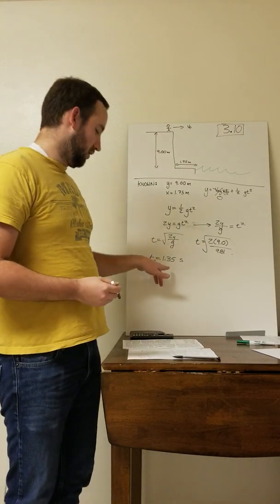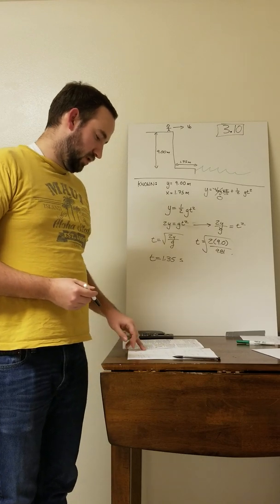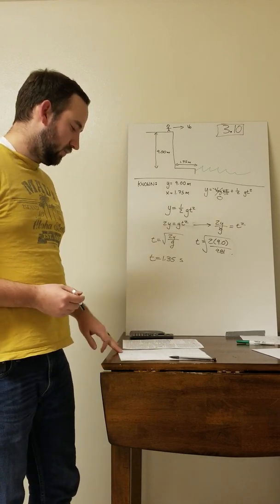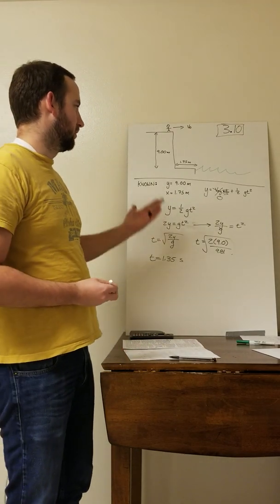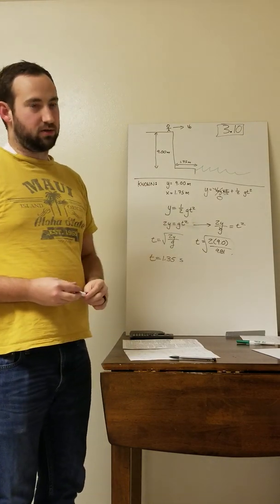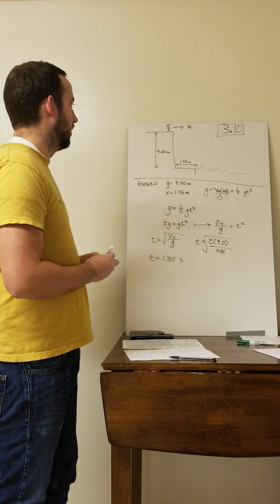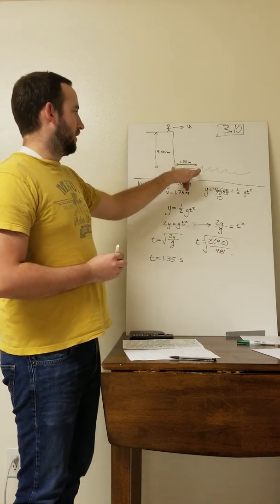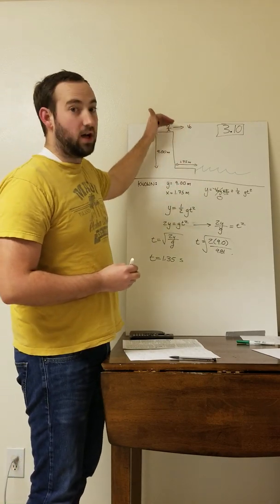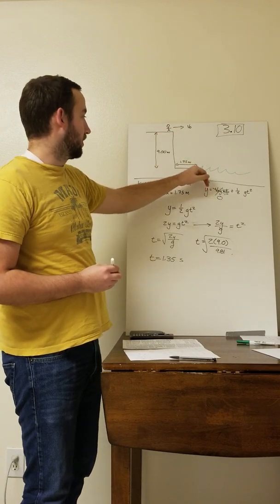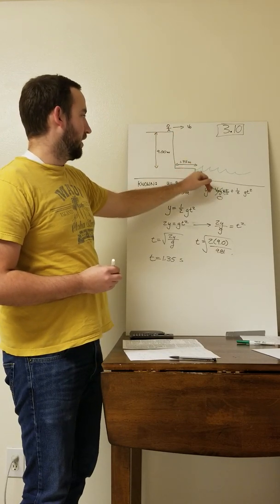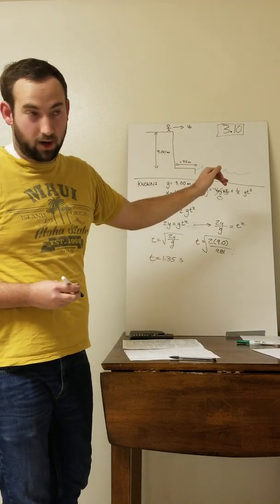So that looks good. Now we need to use an x equation, because we know the time it takes to get to the ground, but we need to see what velocity is needed to get past this ledge that's 1.75 meters wide.